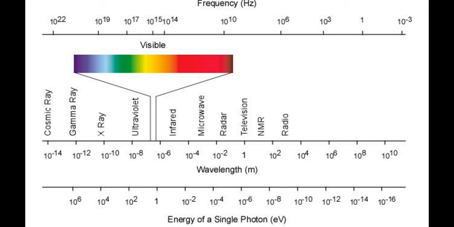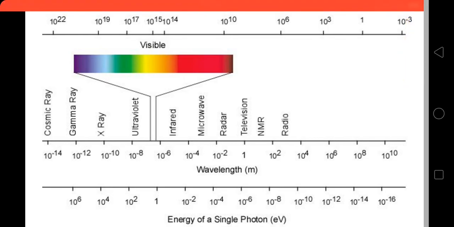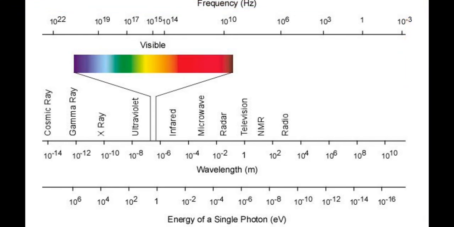Here again, the range of frequencies is presented. Radio waves have a frequency of about 1000 or below 1 Hertz, and gamma rays have a frequency of 10 to the power 22.